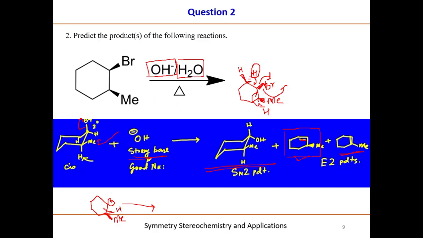A rearrangement will take place and we will observe the formation of a tertiary carbocation, which is more stable compared to the primary one.